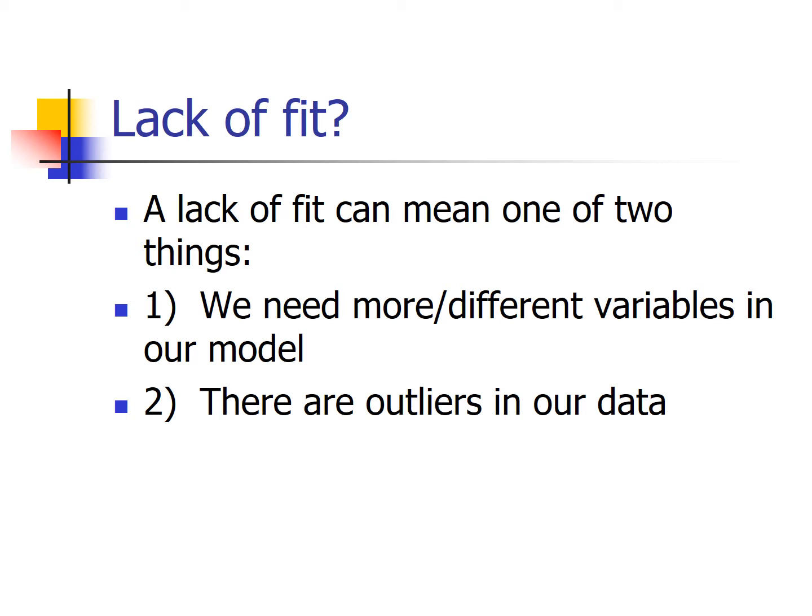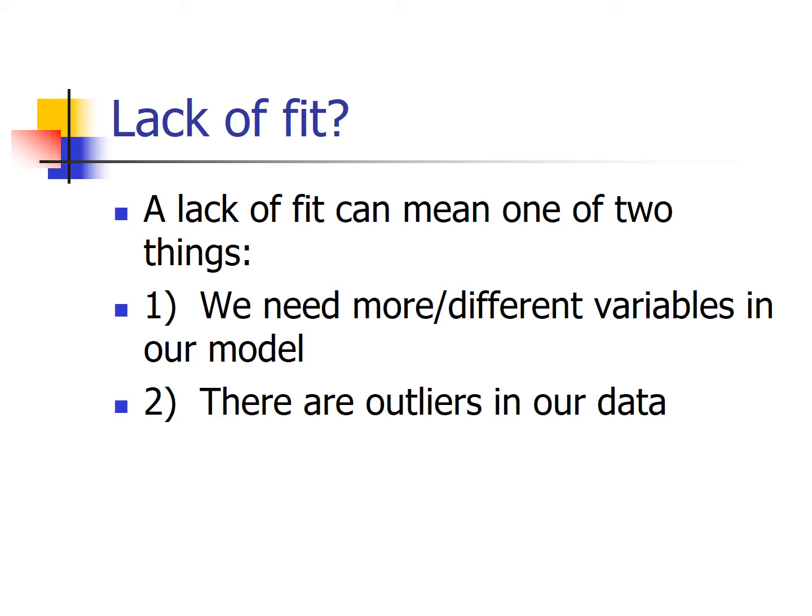If you do a goodness of fit test, and we're going to talk explicitly about how to do that in the context of logistic regression, and you conclude that your model does not fit the data well, that it is not an adequate fit, what does that mean? It could mean that we need more or different variables in our model.